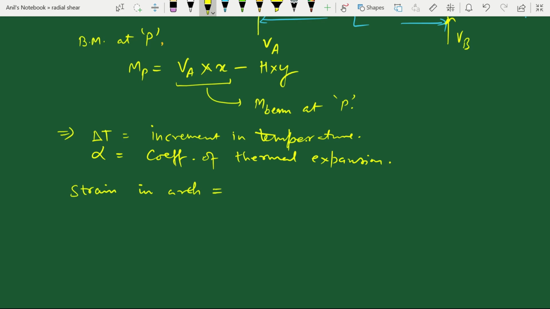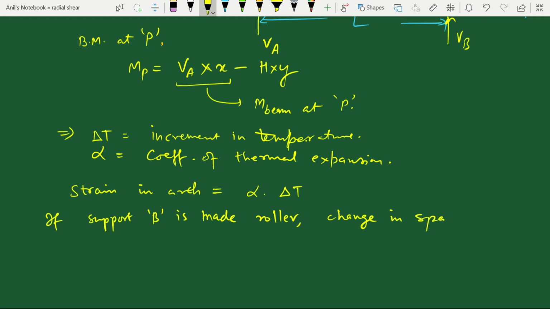That will be equal to alpha into delta T. If one of the supports, let us say support B, is made roller, then what will be the change in span of the arch? That will be delta L is equal to strain into original span, that is L. So strain is alpha into delta T into L.